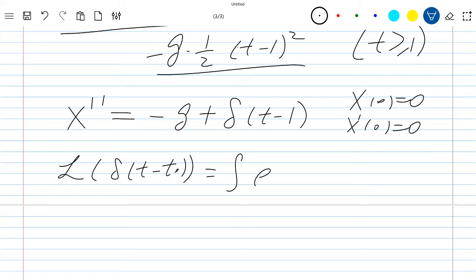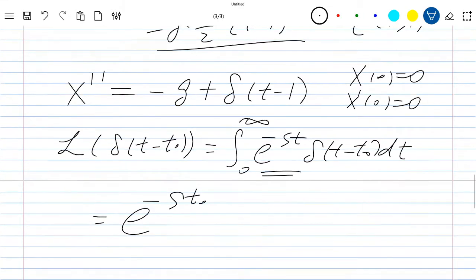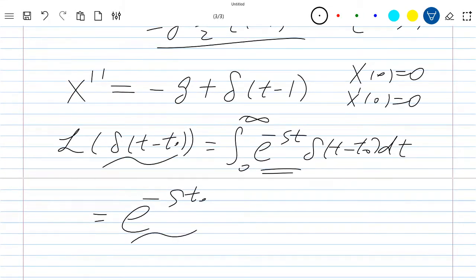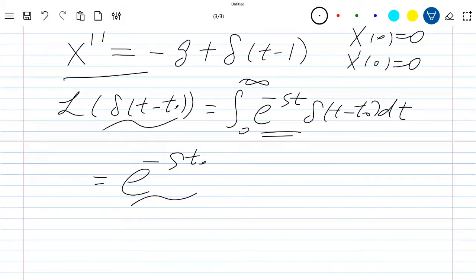Because according to the definition, that's just the value of this function at t naught. So that's it. The transform of the other function is just the exponential function with no extra term. So let's take that.